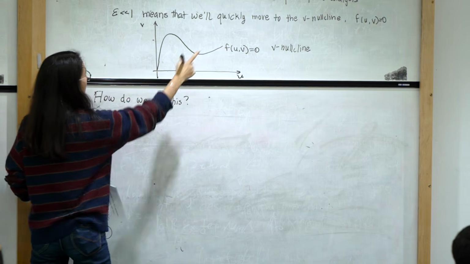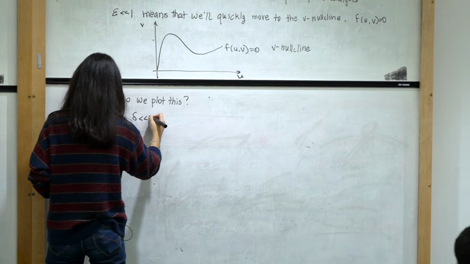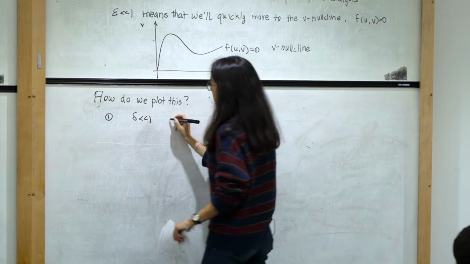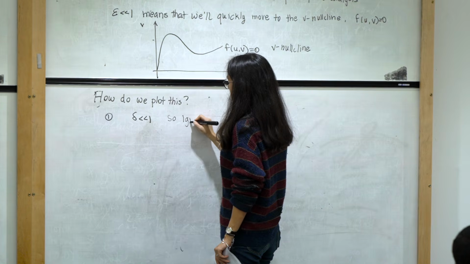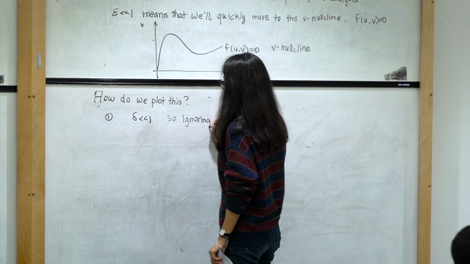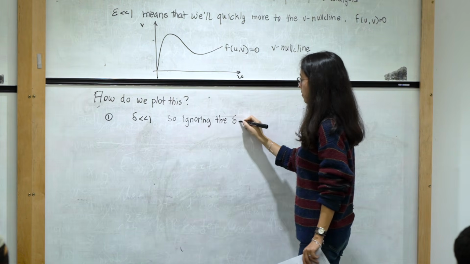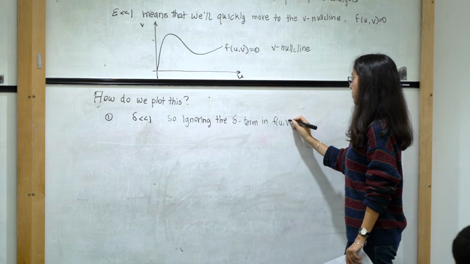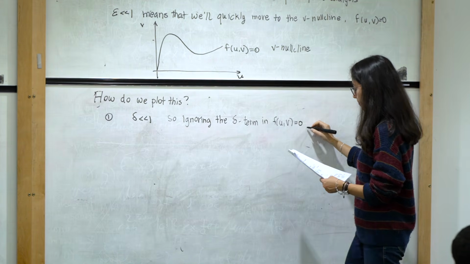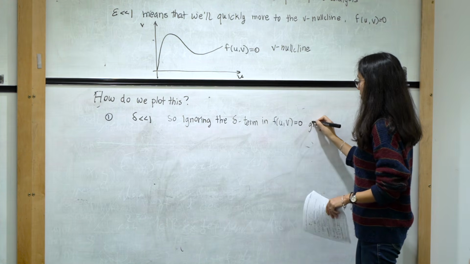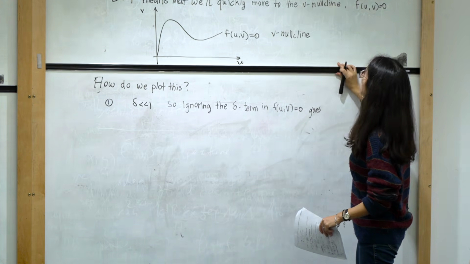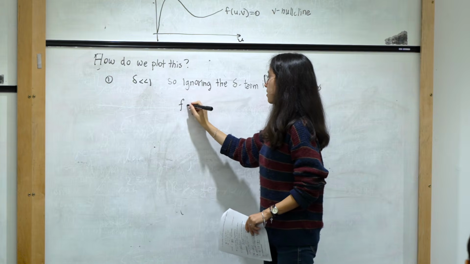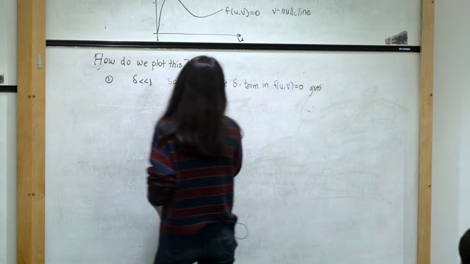So first, I said that delta is much less than 1. So if you ignore the delta term in f of u comma v equals 0, you can get the following. You basically have f is equal to, and then you have those ratios of u and v.